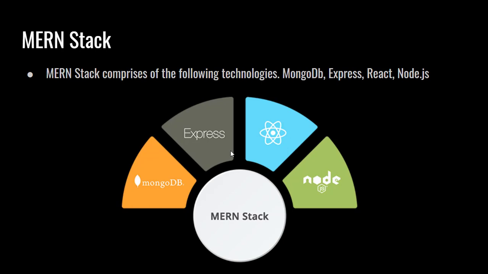React will be the UI, what is consuming that, and Node.js is the server. So really, the flow would be UI React through Express through Node down to MongoDB, and then back up from MongoDB to Node, Express, and React, if you were looking at a full stack and the direction it would go.